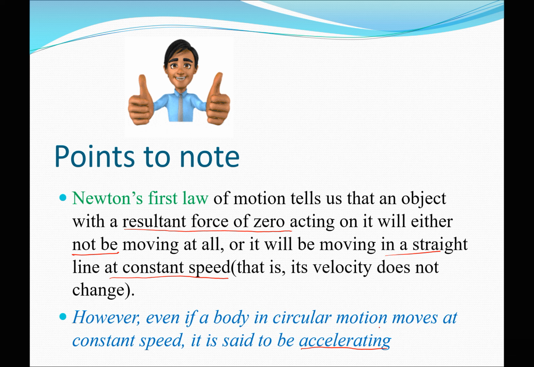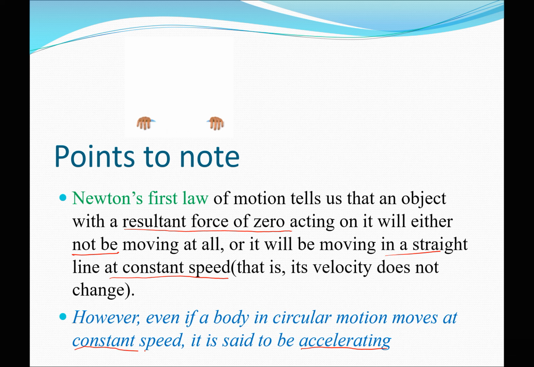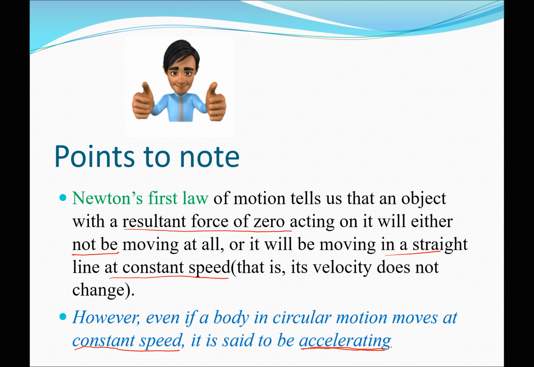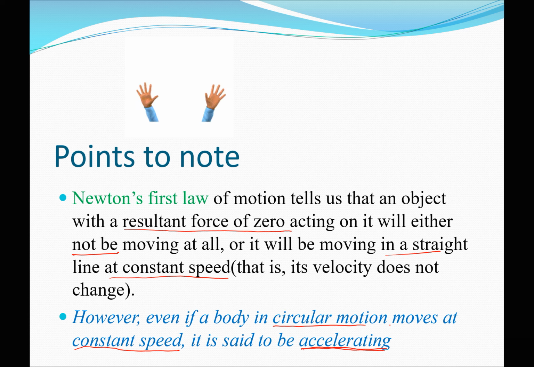Why? While moving in a circular motion, there is a change in direction. Acceleration is the rate of change in velocity. Velocity is a vector quantity. It doesn't only depend on the magnitude. When we say the speed is constant, we mean that the magnitude is constant, because speed is the magnitude part of velocity.